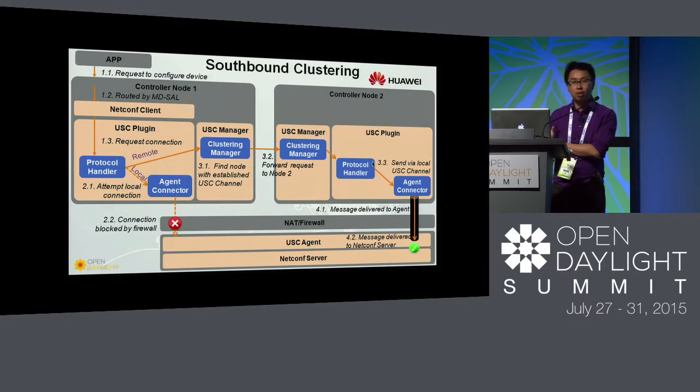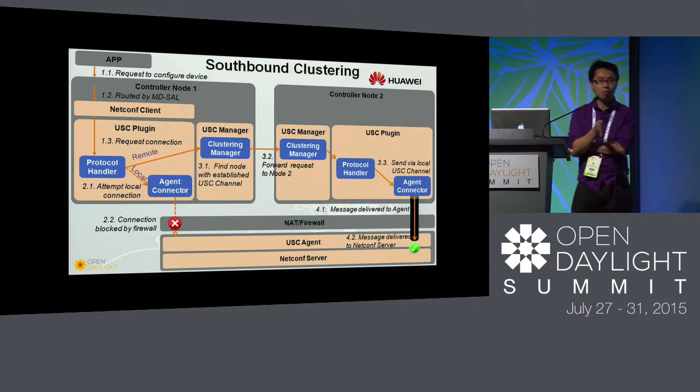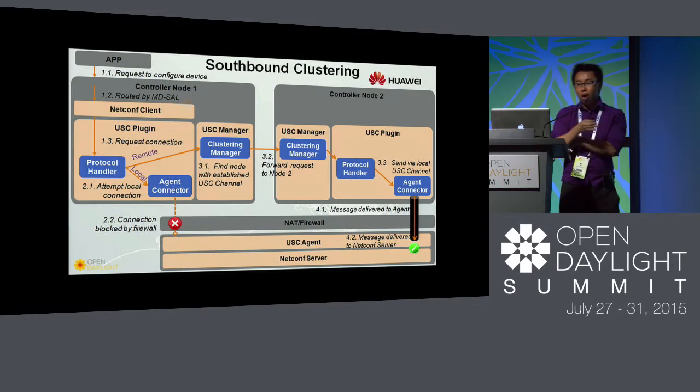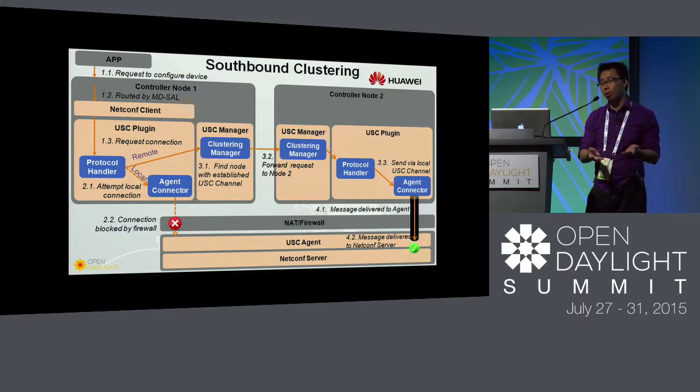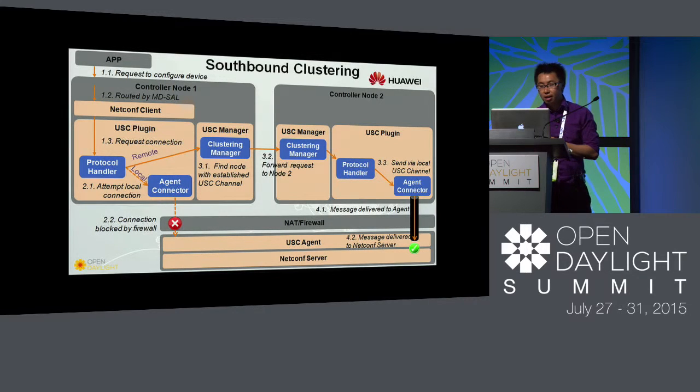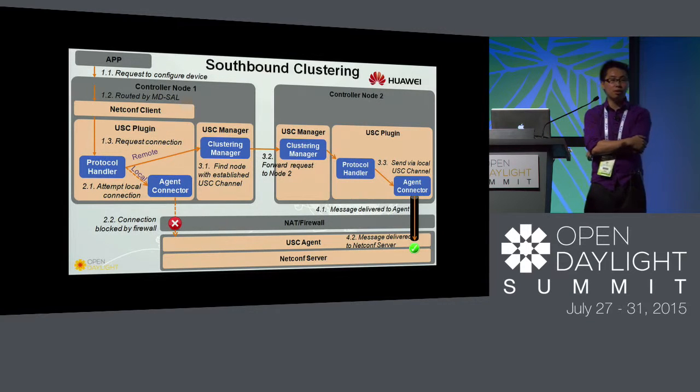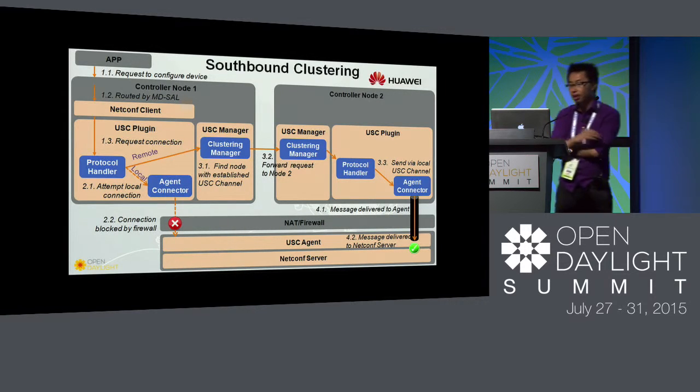And it does this because it maintains a table mapping between which device is already connected to which controller node. So then it routes it to node 2, and then node 2 sends it to the device, and it comes back to the app. And so that's the southbound clustering feature for USC and Lithium.